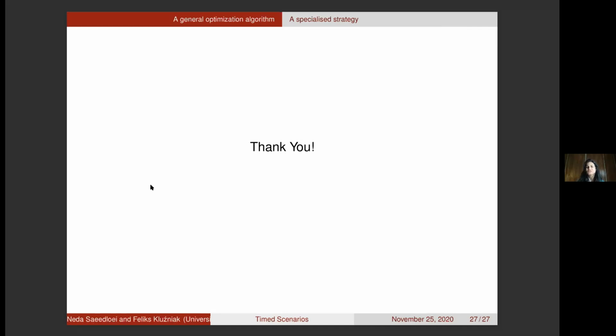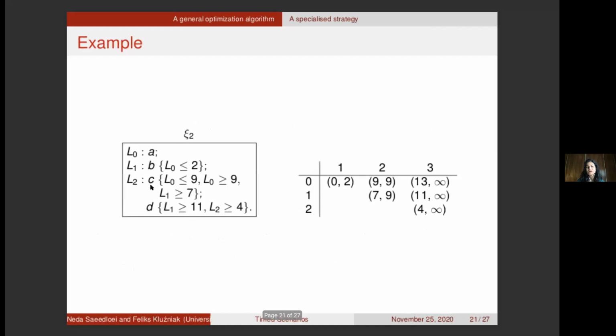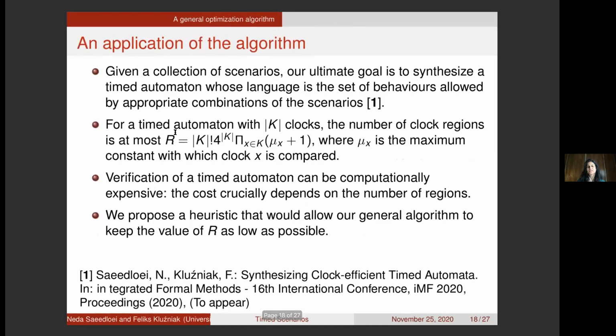If I go back to the equation that I just showed you, the number of regions is exponential in the number of clocks. So our priority is to decrease the number of clocks first, and secondly to decrease the maximum constant with which clocks are compared. Okay, that's interesting.